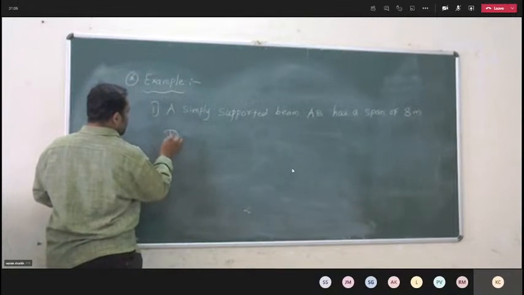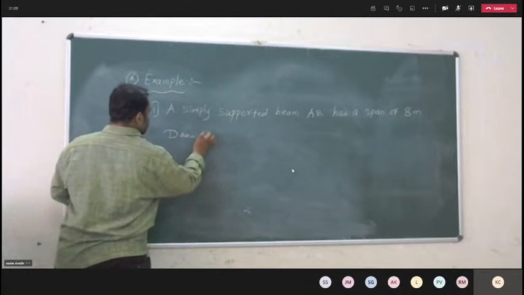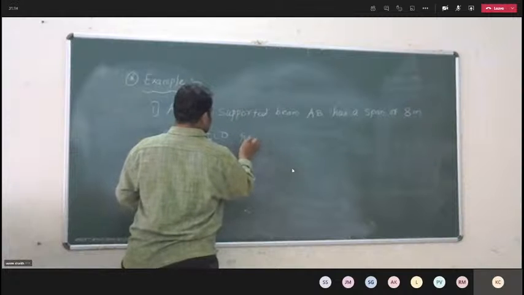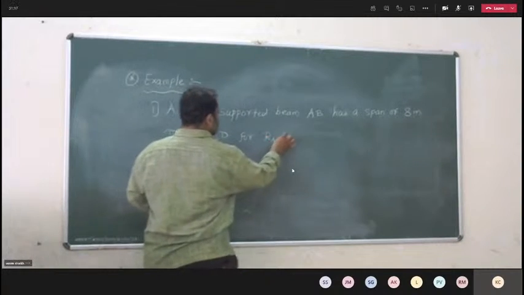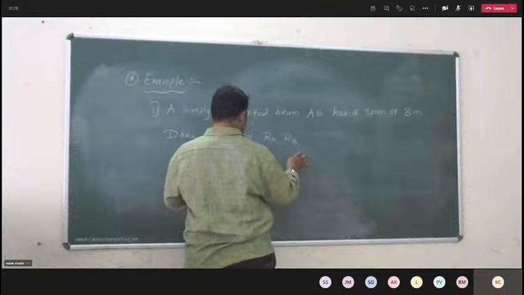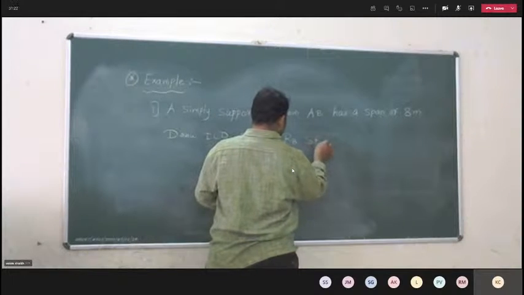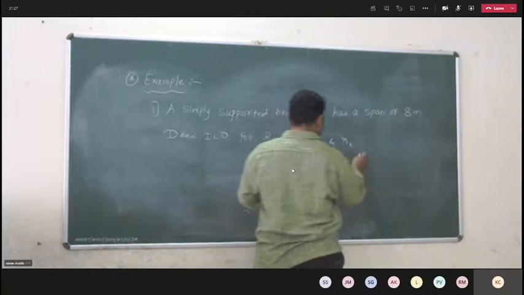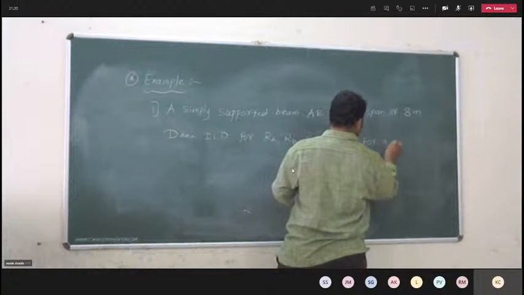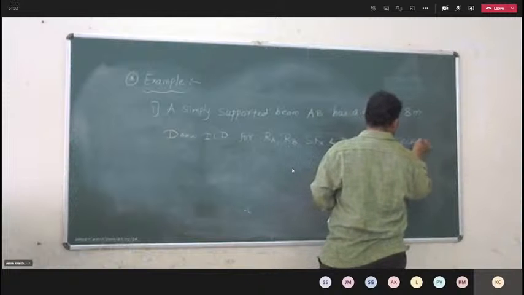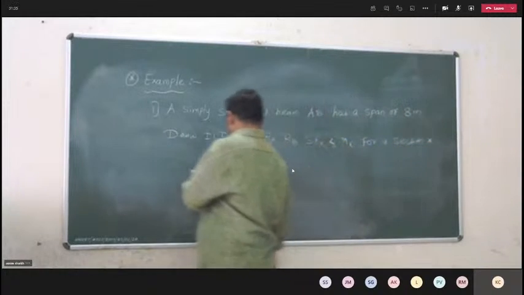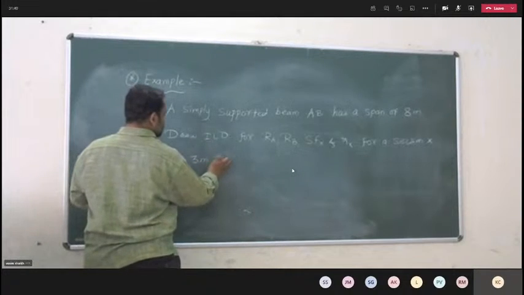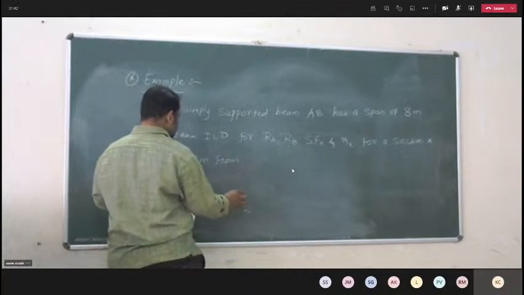Now we have to draw the influence line diagram for RA, RB, shear force at X and bending moment at X, for the section at 3 meters from the left hand support.